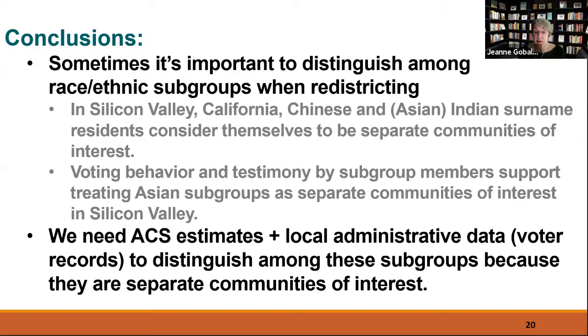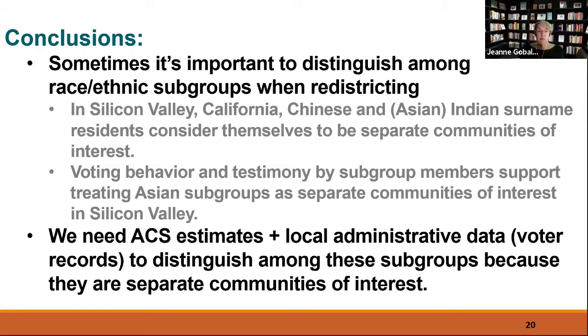In Silicon Valley, the San Francisco Bay Area, Chinese and Asian Indian surname residents consider themselves to be separate communities of interest, and there is some evidence from the racially polarized voting analysis that this is the case. These voting behaviors, as well as testimony by subgroup members in open meetings and in closed session meetings, both suggest that they be treated as separate communities of interest.